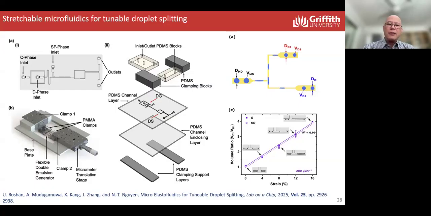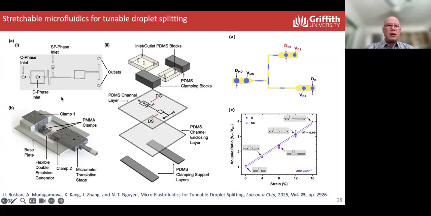Now, stretching can change the fluidic resistance or hydraulic resistance of these branches, which in turn changes the size of the daughter droplets. That means now we have a tunable device which can decide how a mother droplet splits into 2 different sizes.